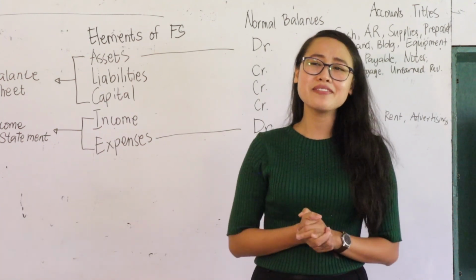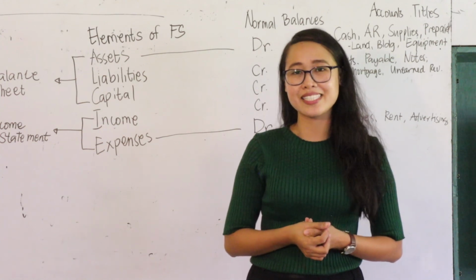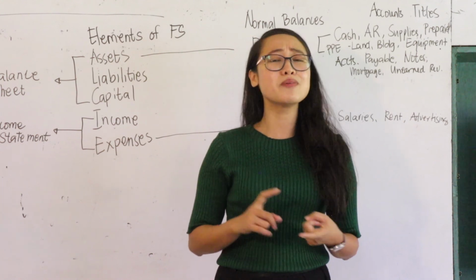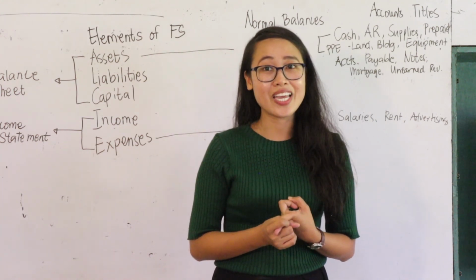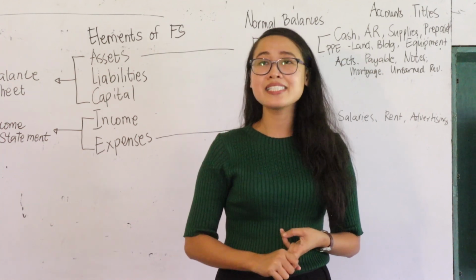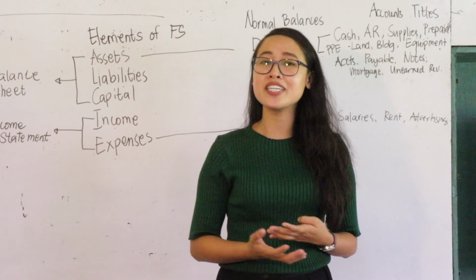And let's give some examples of the account titles under assets. When we say assets, the most common example is cash. So cash, accounts receivable, supplies, prepaid expenses, they are under current assets.